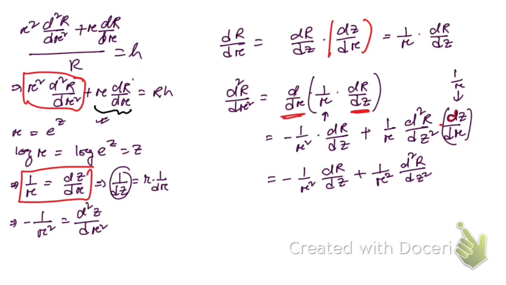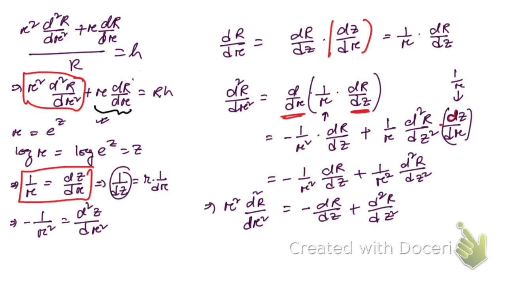So if we multiply both sides by r square, then this term can be obtained here. Then this equation becomes something like this, minus d capital R by dz plus second order derivative of capital R with respect to z square, and that's what we're gonna have.